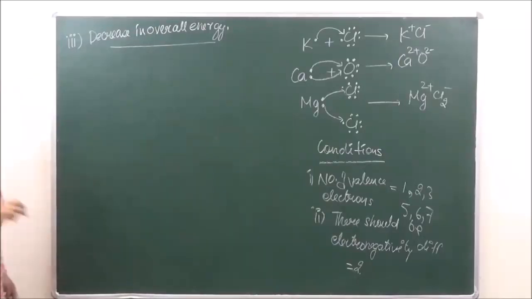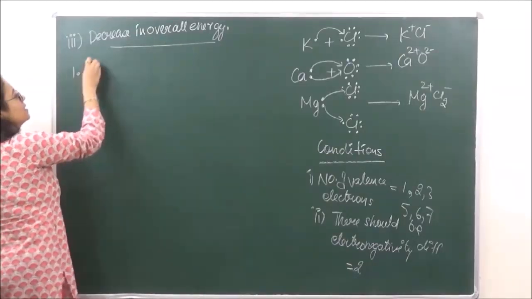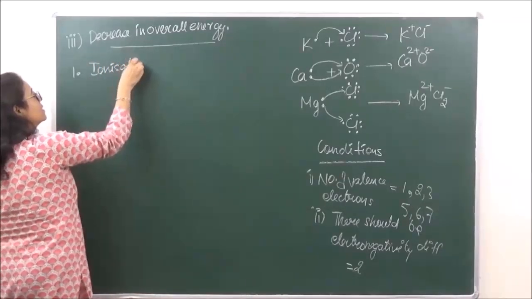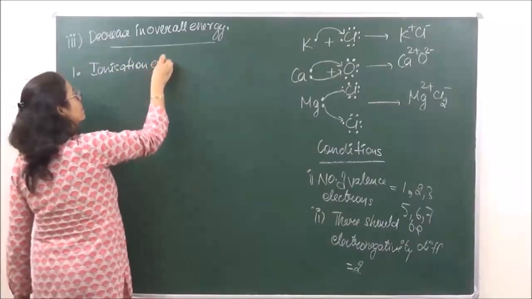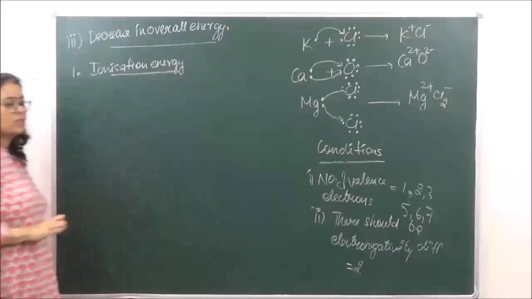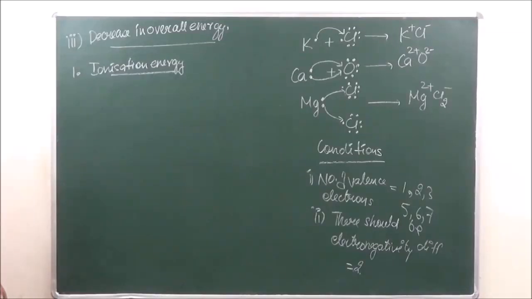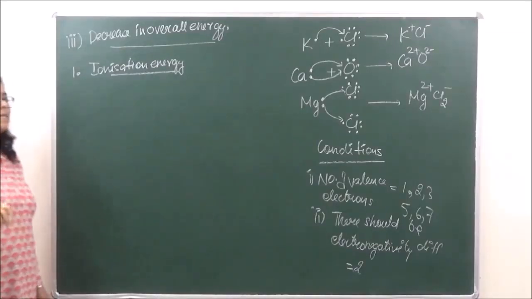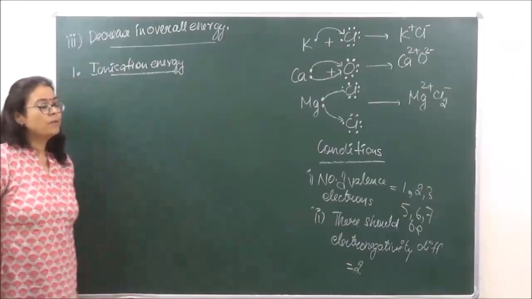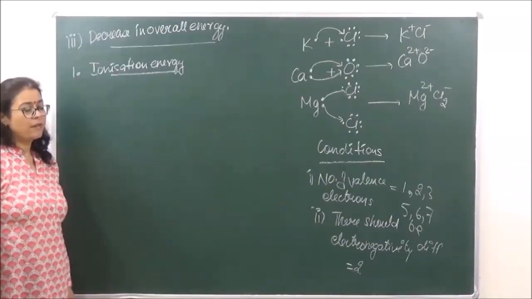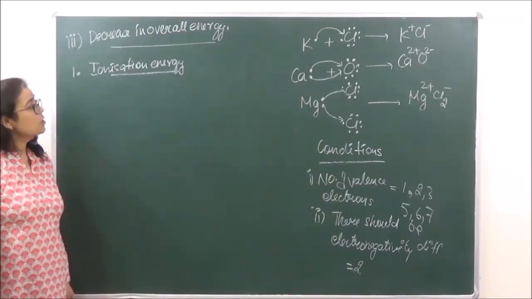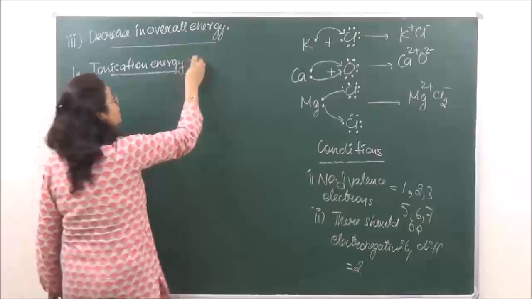Okay, the first energy over here, that is the ionization energy. We know that the ionization energy is the energy required to remove the electron from the outermost shell of an isolated gaseous atom. Okay? So ionization energy, because it is the energy required.